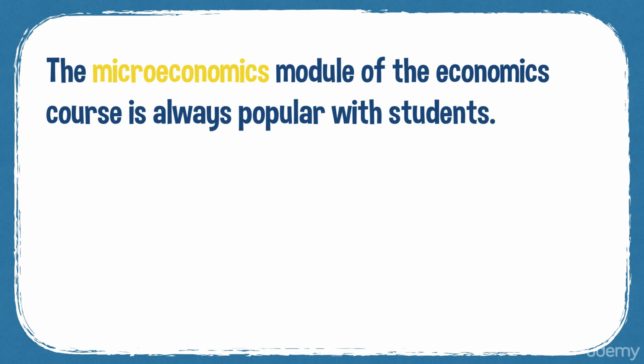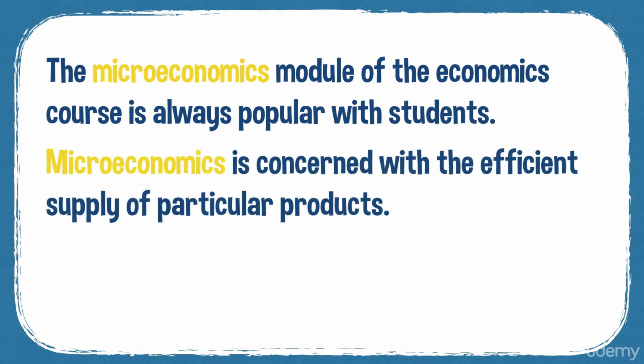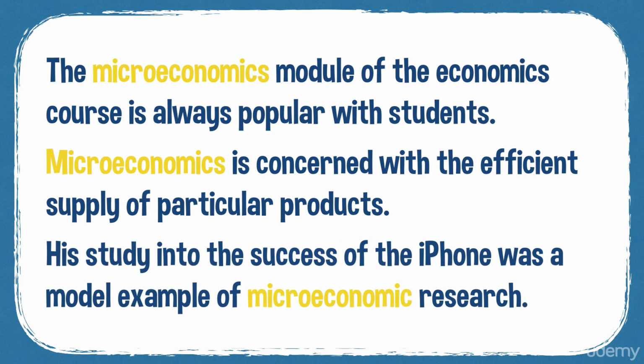The microeconomics module of the economics course is always popular with students. It's a very interesting part of economics to study. Microeconomics is concerned with the efficient supply of particular products. His study into the success of the iPhone was a model example of microeconomic research. So it's the study here of one product.